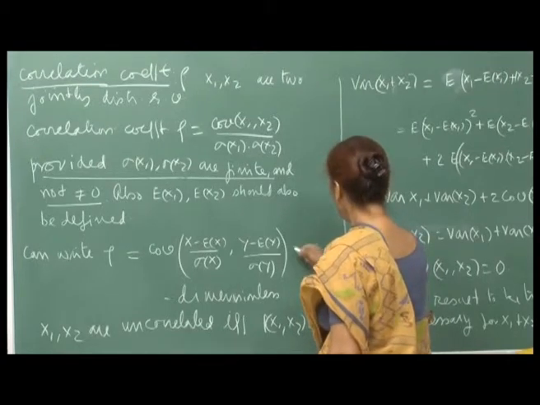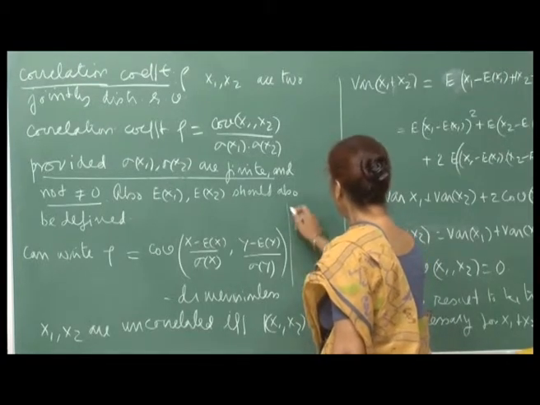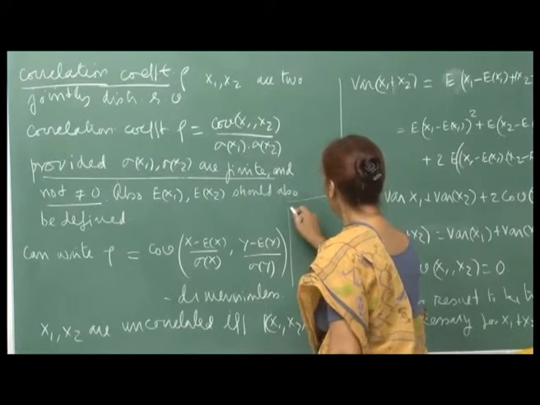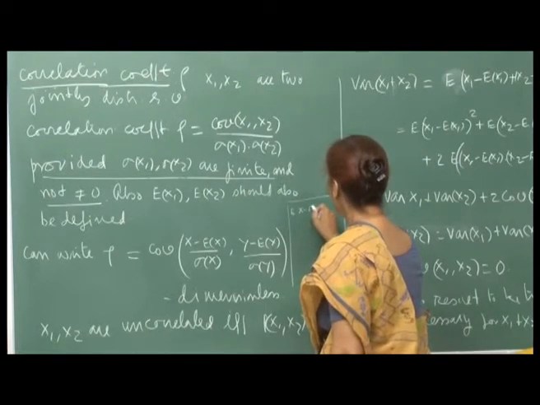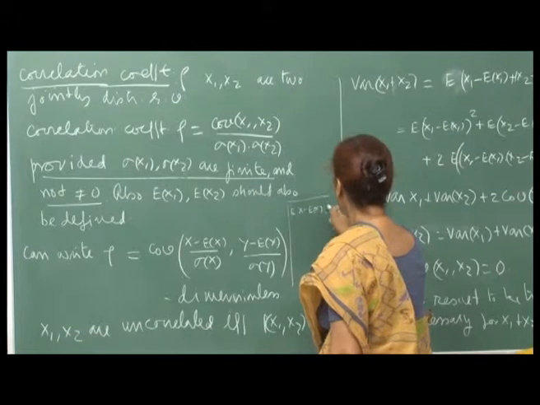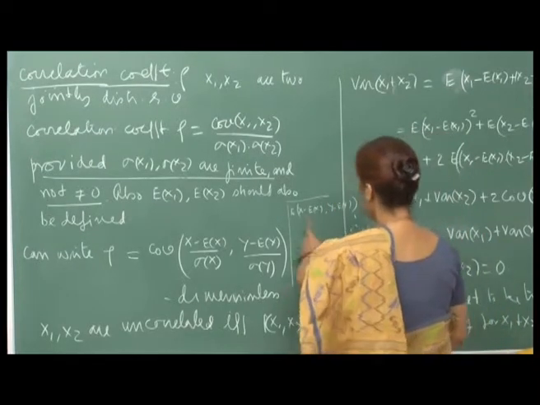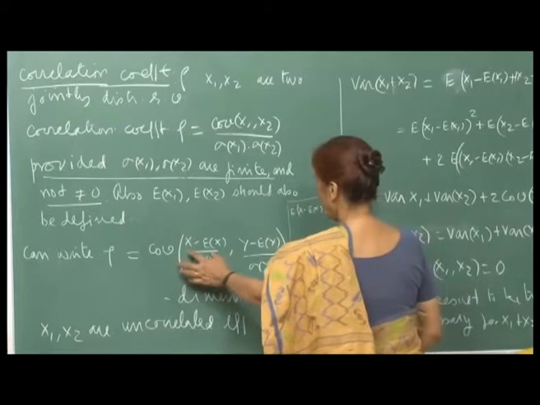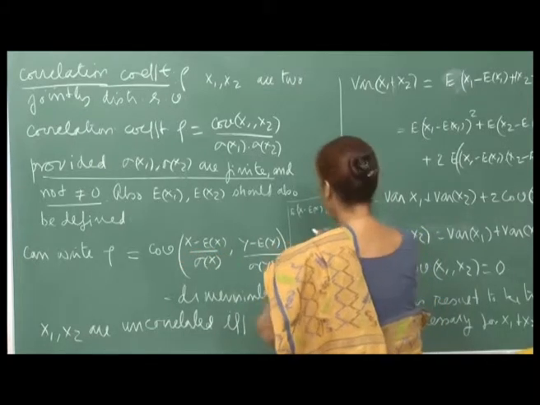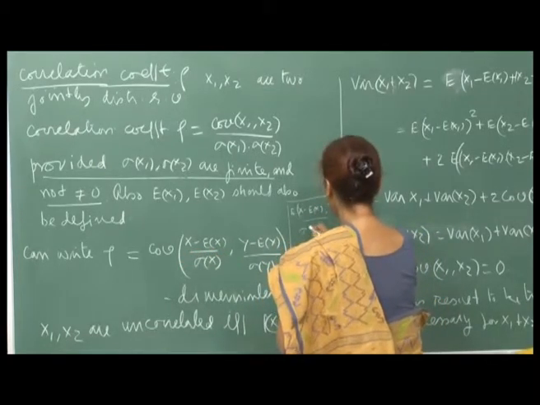Now, you can try it out here, because the covariance you are defining as expectation of x minus E x and y minus E y, right. And so for the covariance you are simply taking sigma x and sigma y.